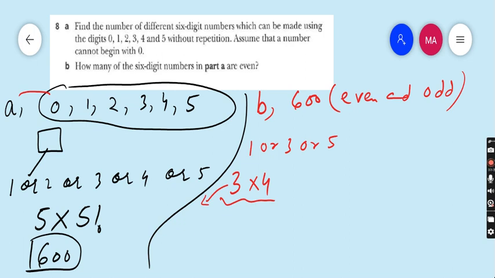Now only 4 digits remain, which can be put in the middle places, therefore it is 4 factorial. So the final answer is 288.